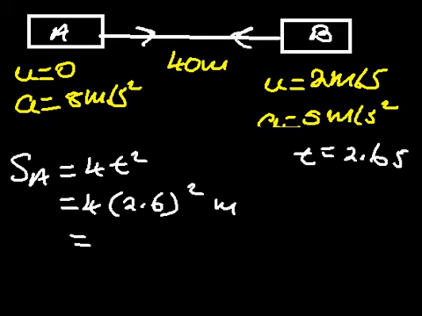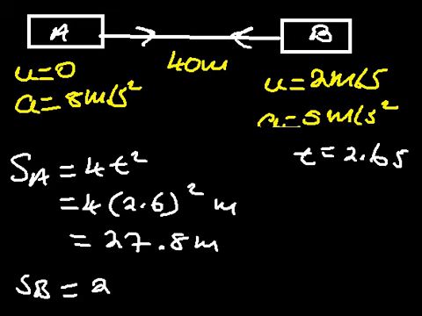We can have it as 27.8 meters. How about the distance traveled by object B, which is 2t plus 2.5t squared. So what would that be?